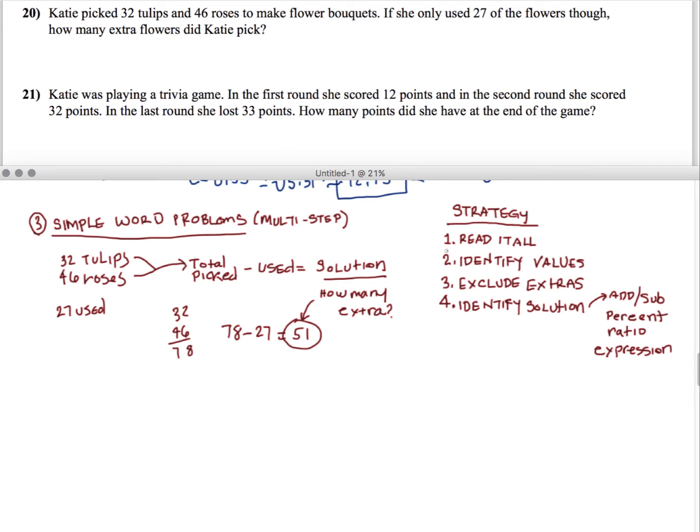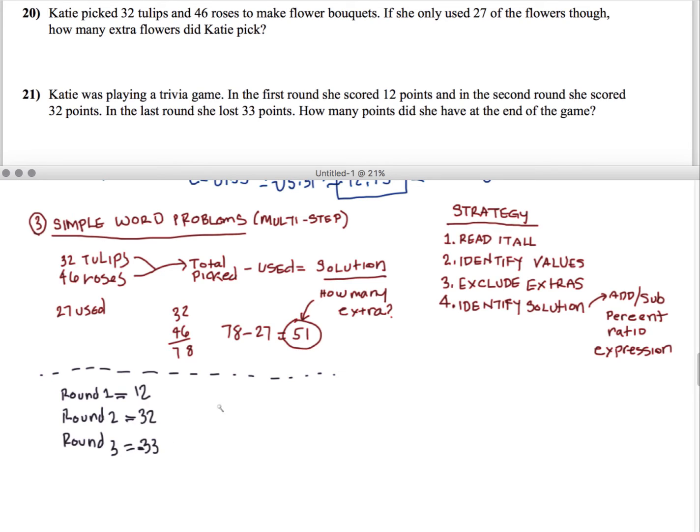Let's try another one. So here we have that in round 1, we got 12 points. Round 2, we got 32 points. And in the final round, which I'll just call round 3, she lost 33, so don't forget that minus.